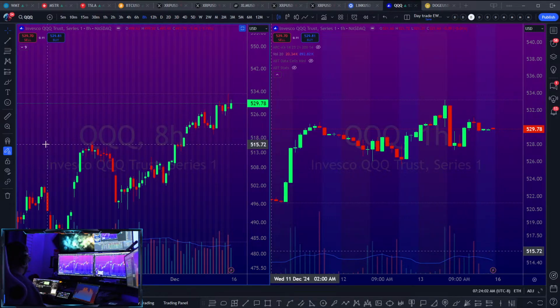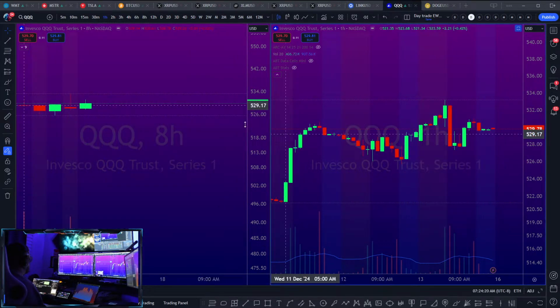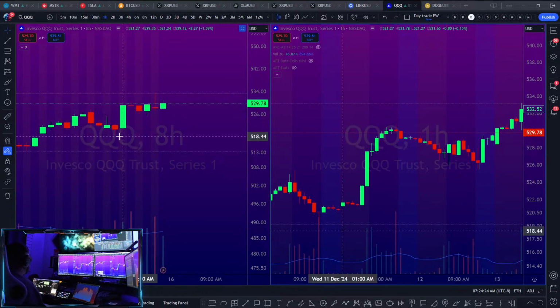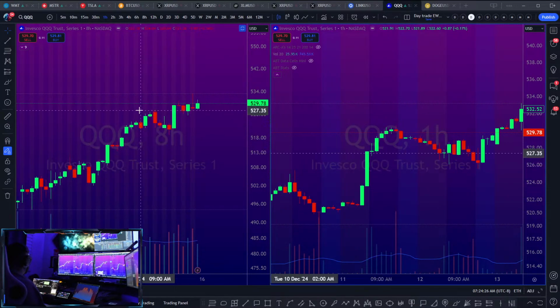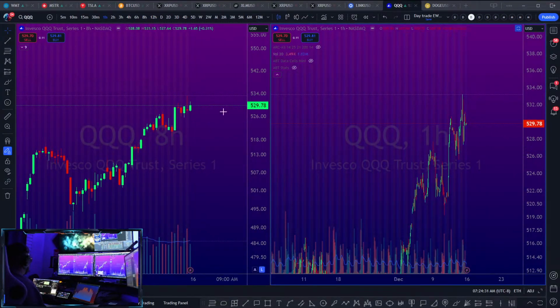So let's identify this potential high here. I think I should really link up how this is moving. Let's do the time and date range and not the interval. We may have to adjust that a little bit here.